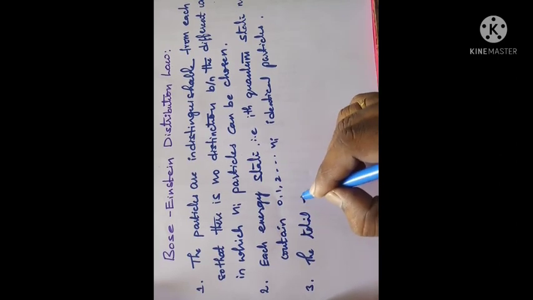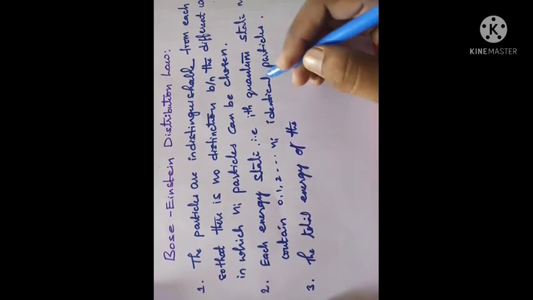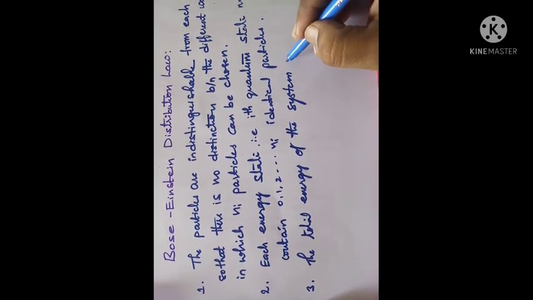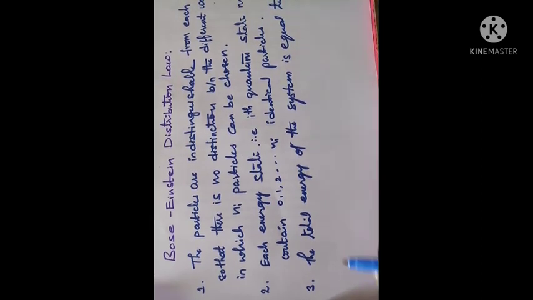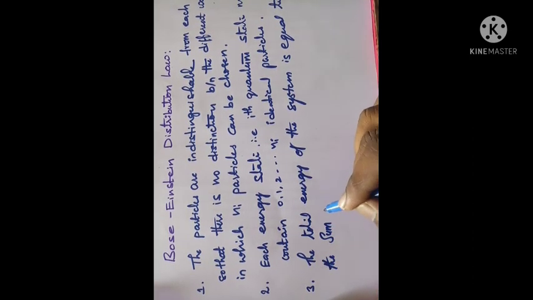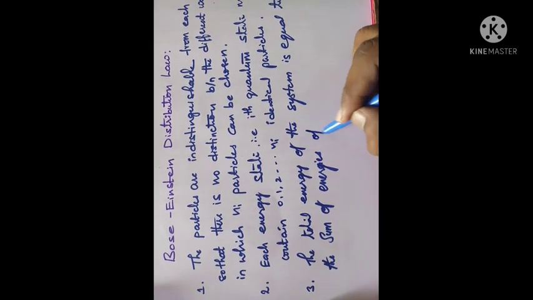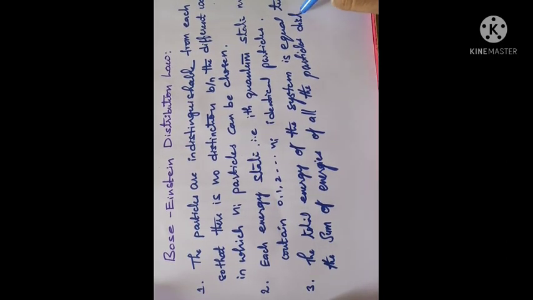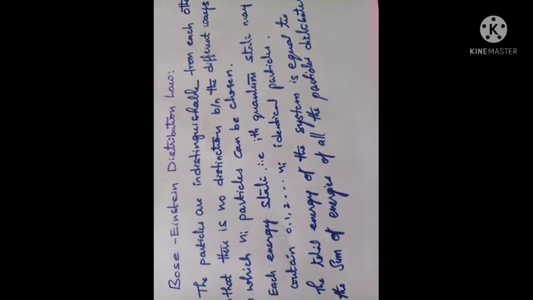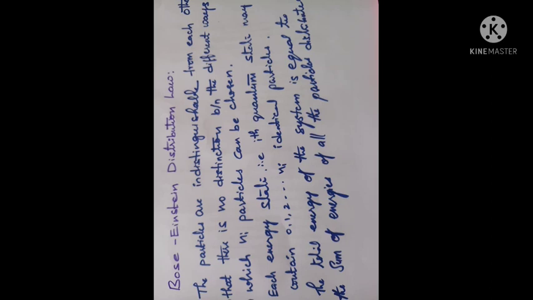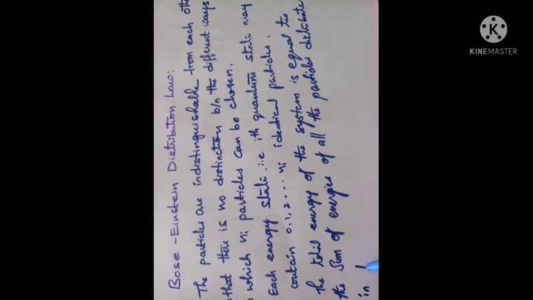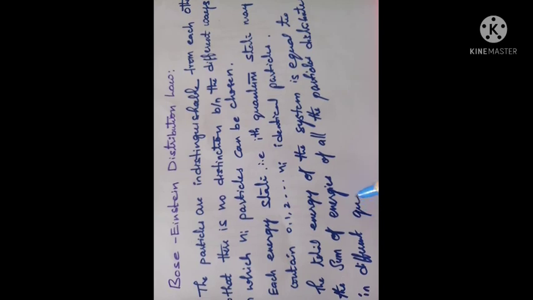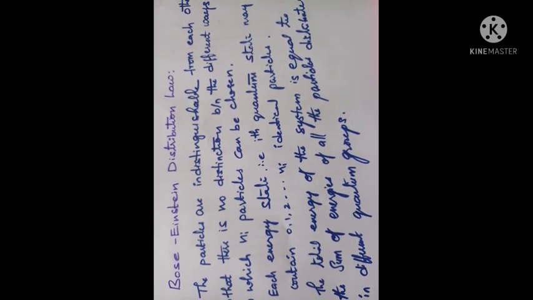The total energy of the system is equal to the sum of energies of all the particles distributed in different quantum groups. Therefore, the total energy of the system remains constant, and also the total number of particles in the system is constant.